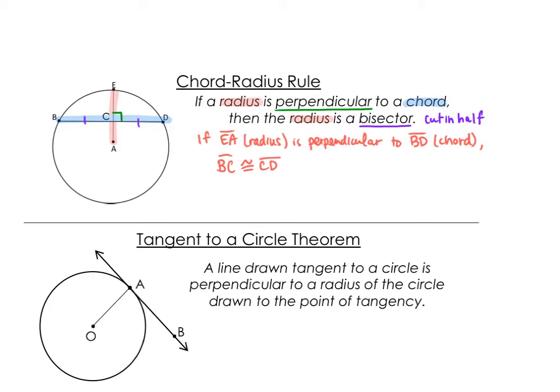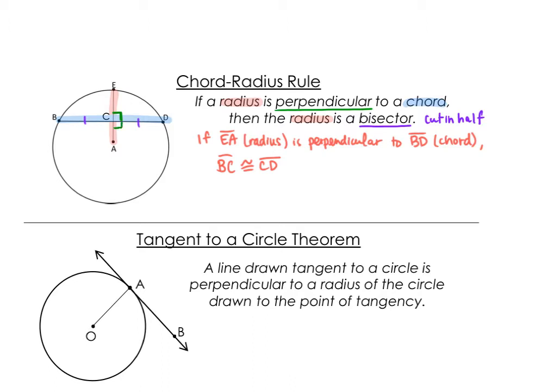Okay, for all of these examples, we're going to be looking for right triangles, because we can then use Pythagorean theorem to solve for right triangles. So in looking at this, since we know that the chord and the radius are perpendicular, if this angle right here is 90 degrees, it also means that this angle right here is also 90 degrees.